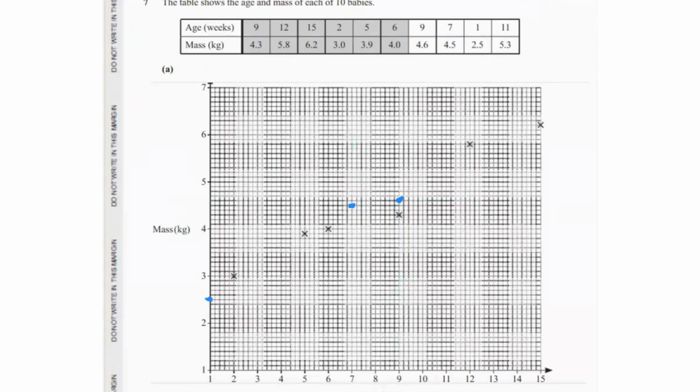And 11, 5.3. Is this one. So these are our points on the scatter diagram.